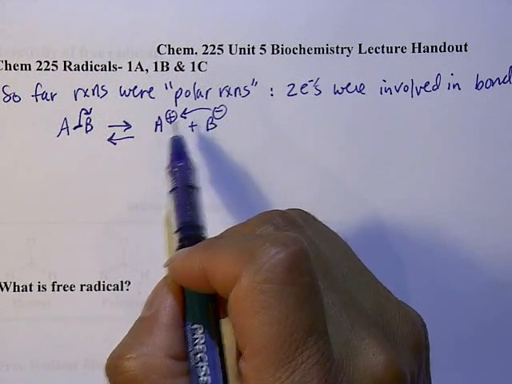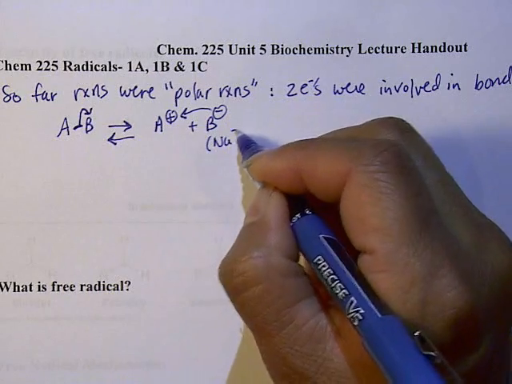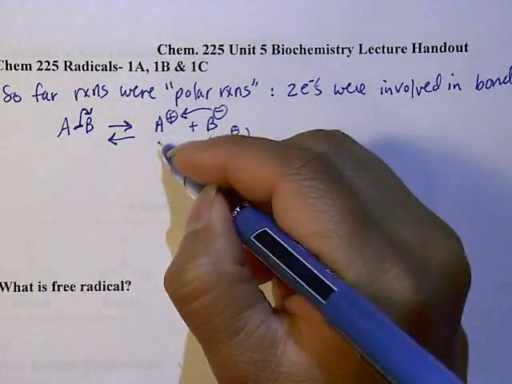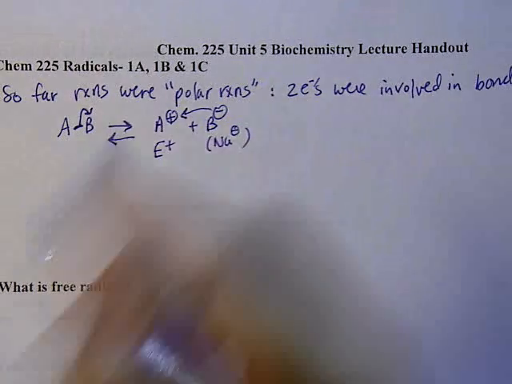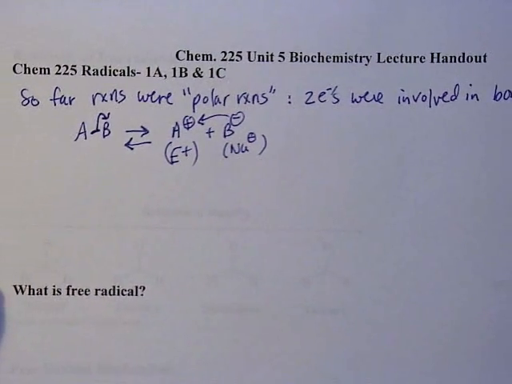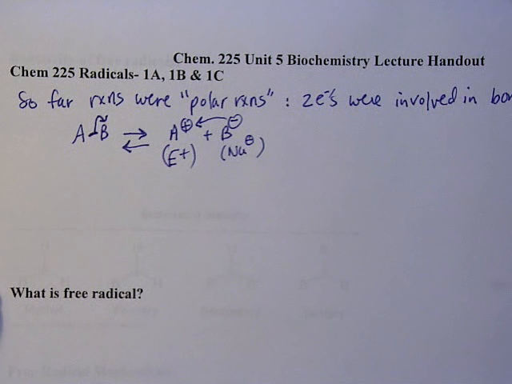And a lot of these things were, for example, the B minus were nucleophiles, and the A plus would be electrophiles. So a lot of the reactions that we looked at so far were polar reactions in which an electron-rich atom, a nucleophile, was attracted to an electron-poor species, an electrophile. All right.